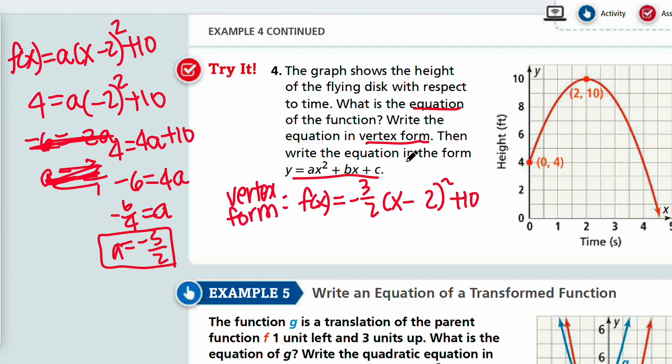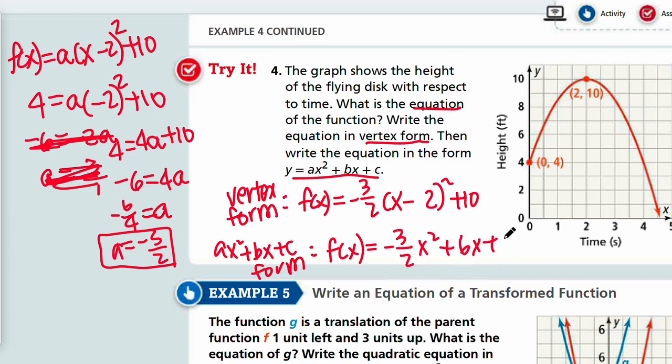And then the equation in standard form is going to be f of x equals negative 3 over 2 x squared plus 6x plus 4. Because if you solve this and factor it out, you have x squared minus 4x plus 4, right?